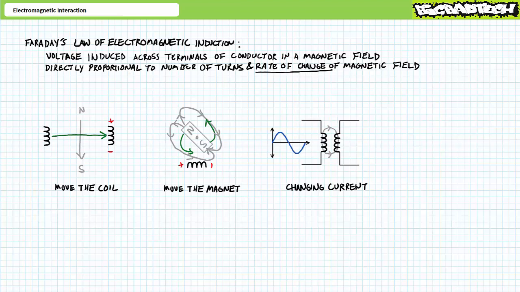The second coil, being in close proximity, would experience a changing magnetic field and thus experience an induced voltage where the faster the rate of change of current in the first coil and the more loops on the second coil, the higher the voltage that would be generated across the terminals of the second coil. This is the principle employed by transformers, electrical devices we'll examine at length in later lectures.